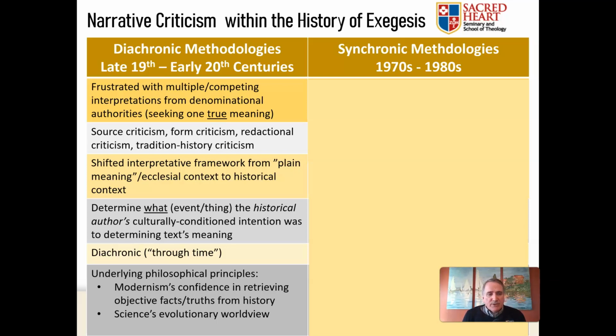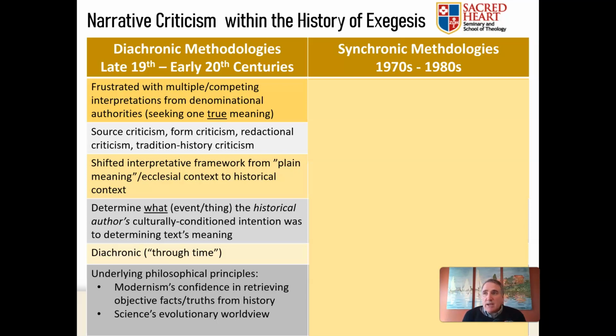This next box here: determine what the historical author's culturally conditioned intention was in determining the text's meaning. So the goal was to determine what the historical author was trying to communicate through the text. That's basically what Dei Verbum, section 12, says.